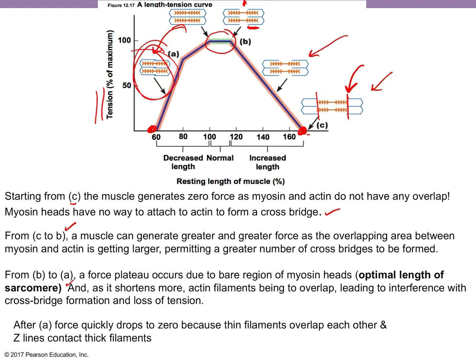So it's just a curve to illustrate what you probably already intuitively know, is that you have to have a very unique overlap of actin and myosin, an optimal overlap, to generate the greatest tension. If you're on either extreme, right, if you have no overlap or complete overlap, you're just not going to be able to create tension.